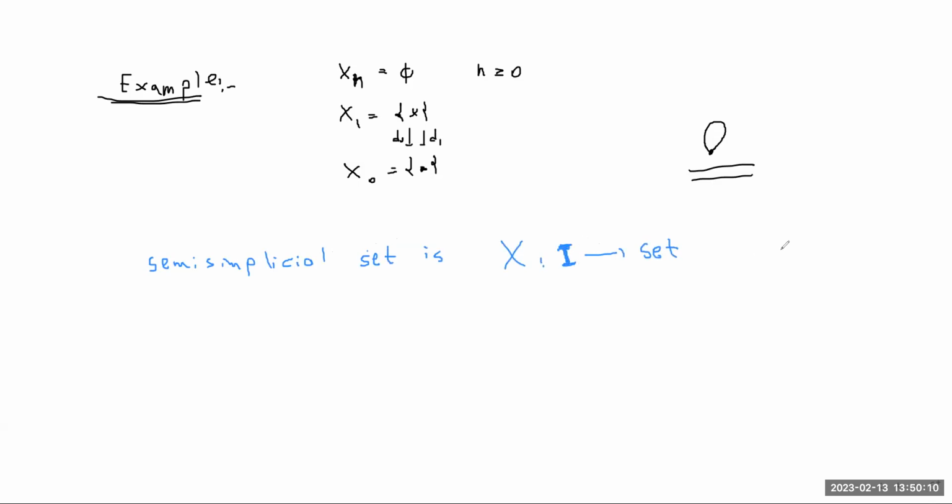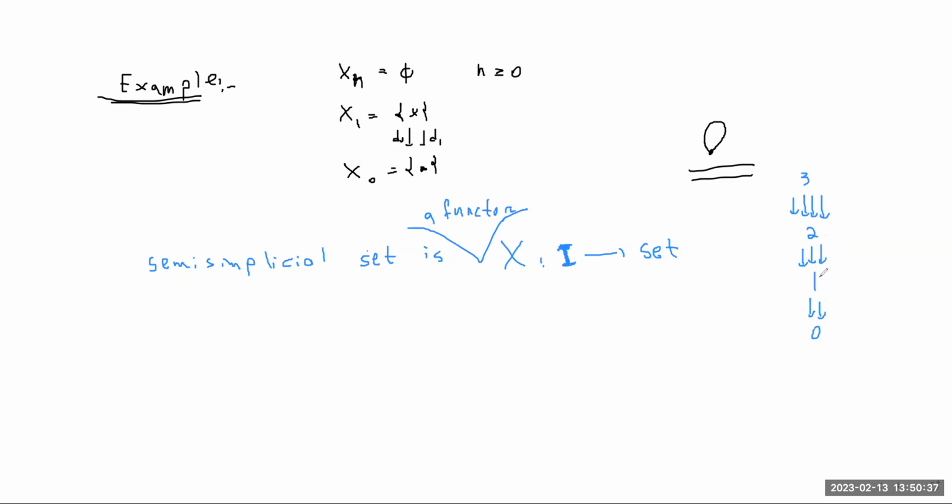The shape is like this: we have 0, 1, 2, and 3, and here we have 2 maps, here 3 maps, here 4 maps, right? It's a functor, with some relations between these maps.